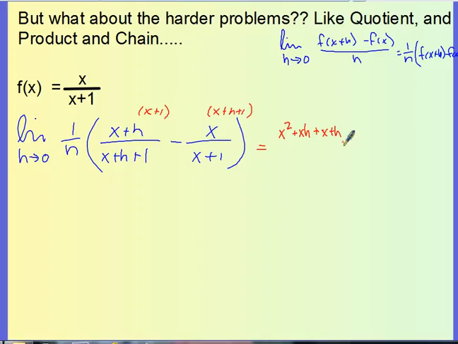You with me? Minus, on the bottom, x squared plus xh plus x. So you realize that these are subtracting, right? And it's all over the common denominator of what?